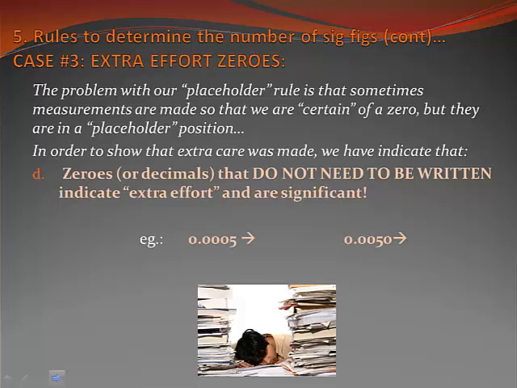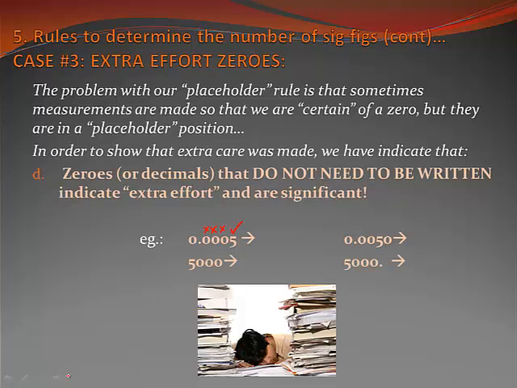So looking at 0.0005, the 5 is significant. What were the zeros in front of it doing? Well, those zeros were only there as placeholders, so 1 sig fig.